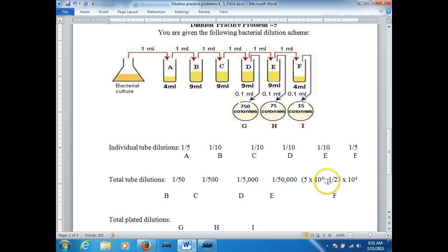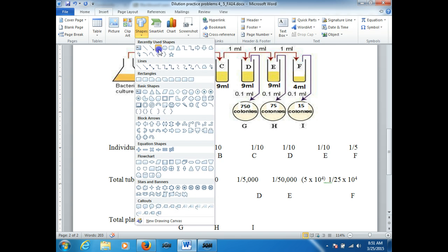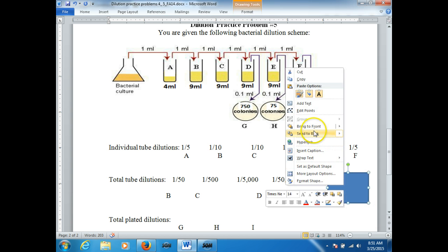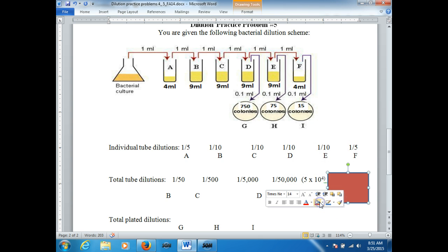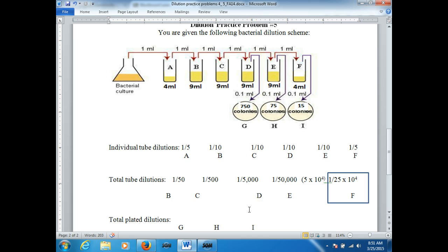Okay, so now lining up a little bit better. So this one's F. 1 over 25. I'm going to insert a box. What's F?